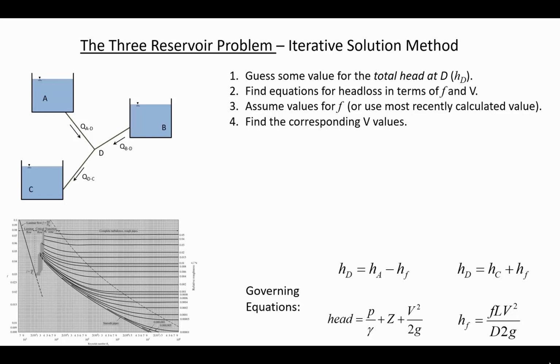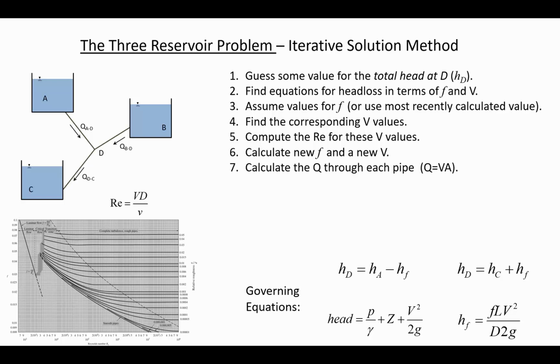Then when we know f and we know the head loss, we can solve for V. Then we determine the Reynolds number for that newly updated velocity, recalculate a corrected f value, and get an improved guess of the velocity. From that improved velocity, we determine the flow rate, and finally check to make sure that in equals out.